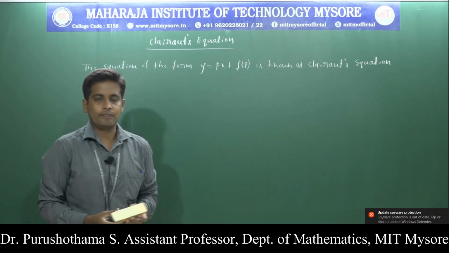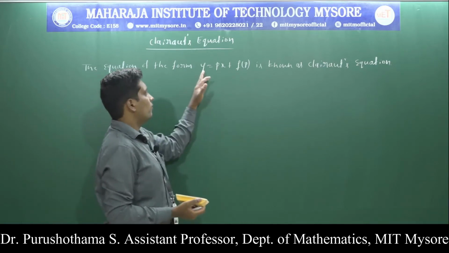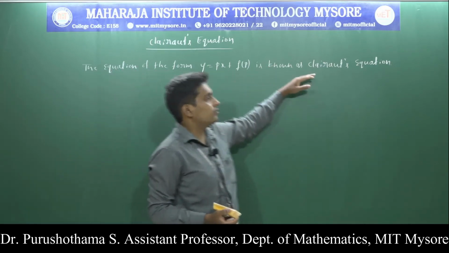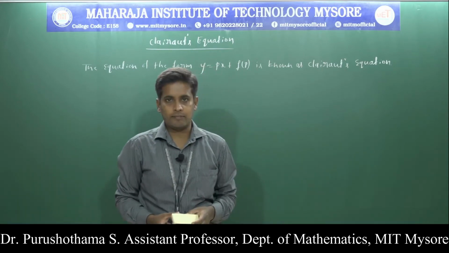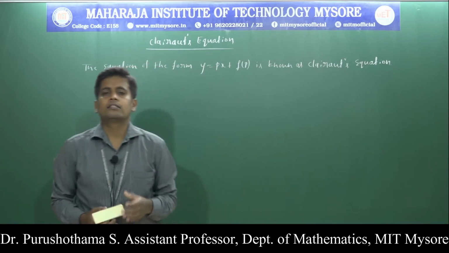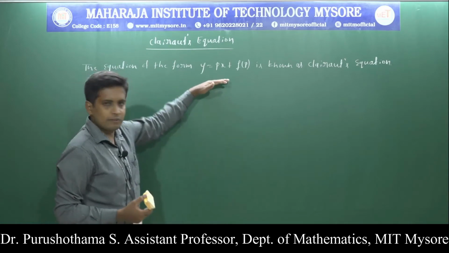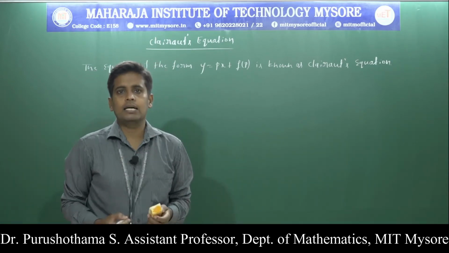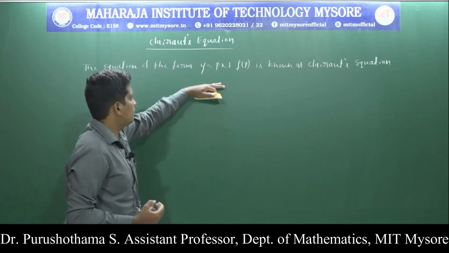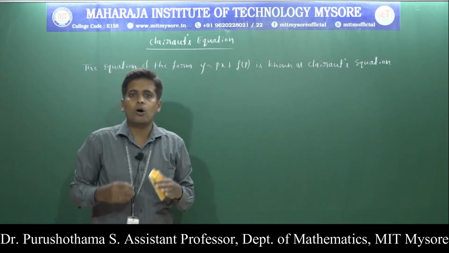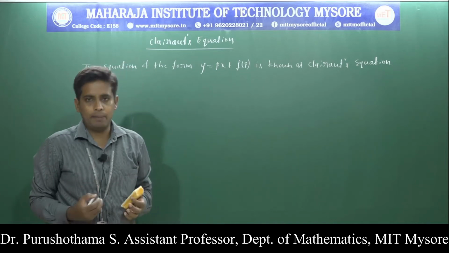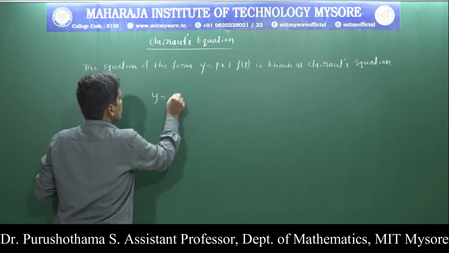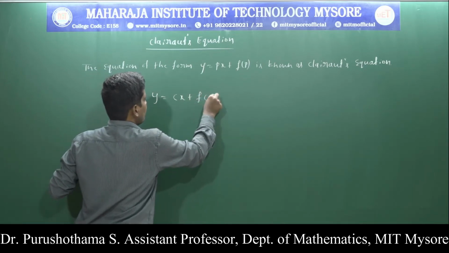Any equation in the form y is equal to p into x plus f of p is known as Clairaut's equation. The general solution of Clairaut's equation is obtained by simply replacing p by c. Therefore, y is equal to c into x plus f of c.